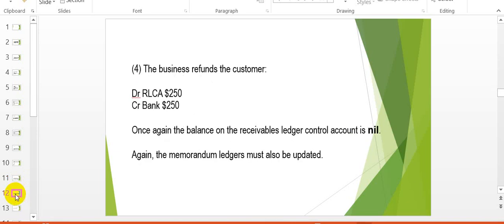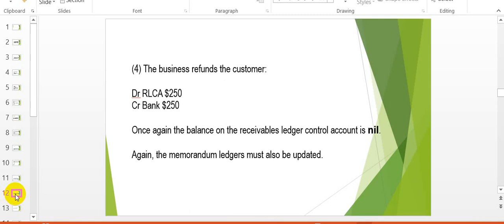Once the refund has been made, then the receivable ledger control account will be debited to clear off that credit, and the bank will be credited to show that money has left the entity, being paid out to the customer for the refund.